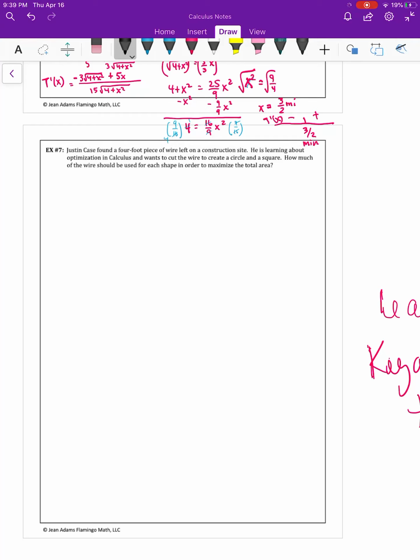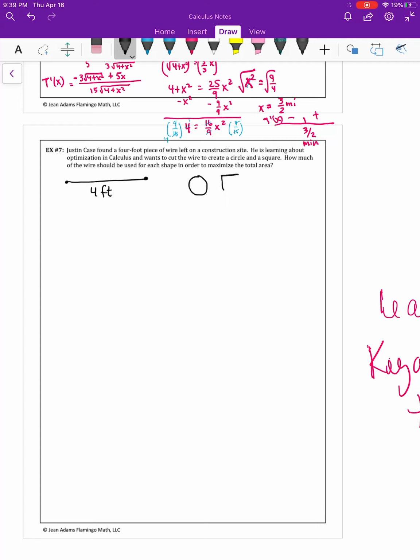All right. So now, example number 7. Just in case, found a 4-foot piece of wire left on a construction site. He is learning about optimization in calculus and wants to cut the wire to create a circle and a square. How much of the wire should be used for each shape in order to maximize the total area?